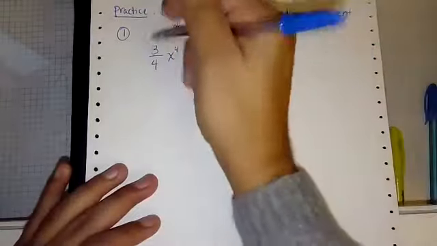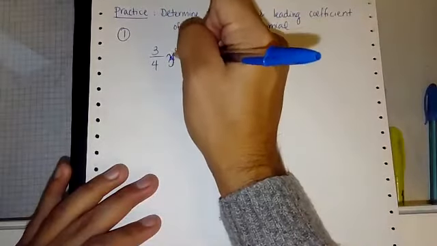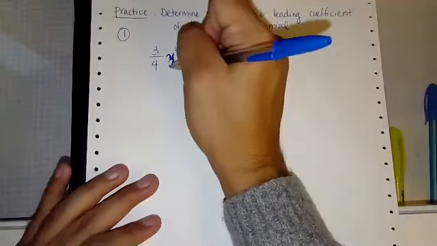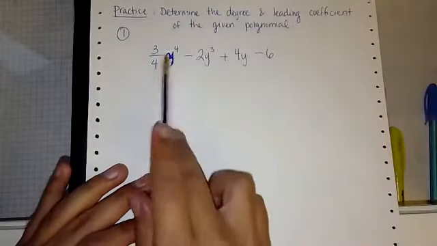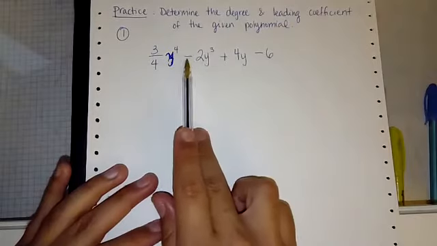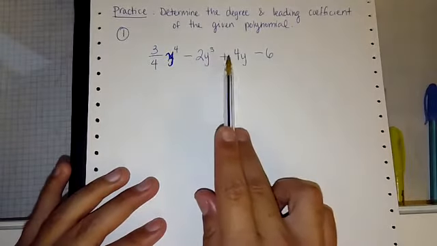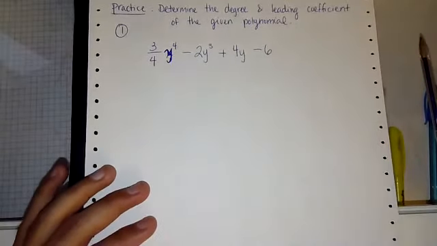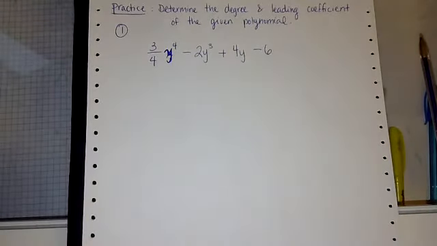Let me go ahead and change this to be consistent. Let's make them all y's. Okay, let's call this 3/4 y to the 4th power minus 2y to the 3rd power plus 4y minus 6. So right off the bat, can anybody tell me how many terms there are for this polynomial?